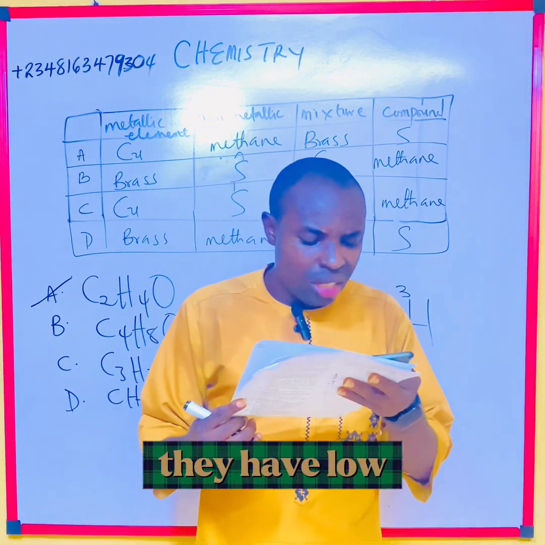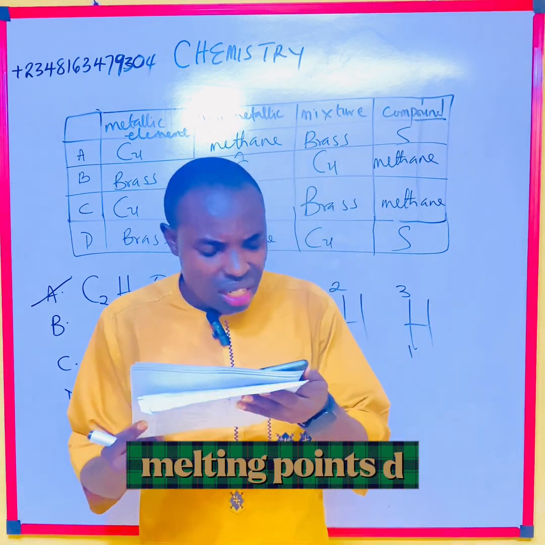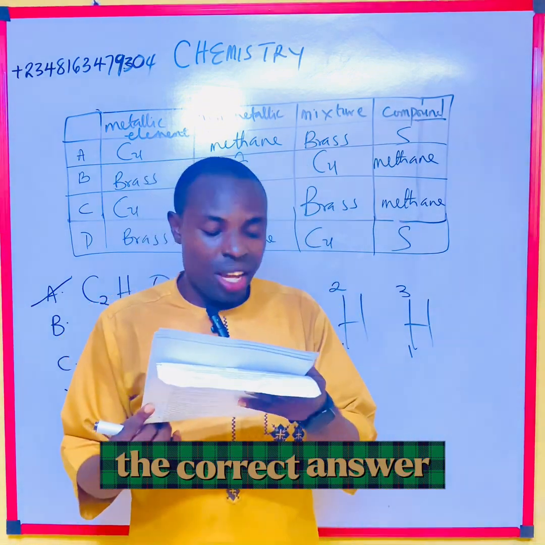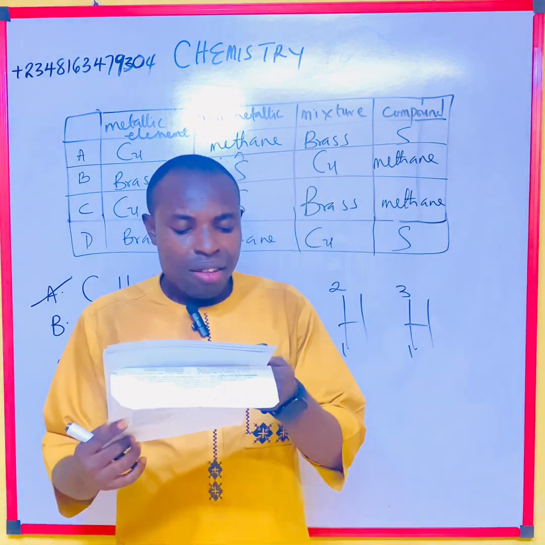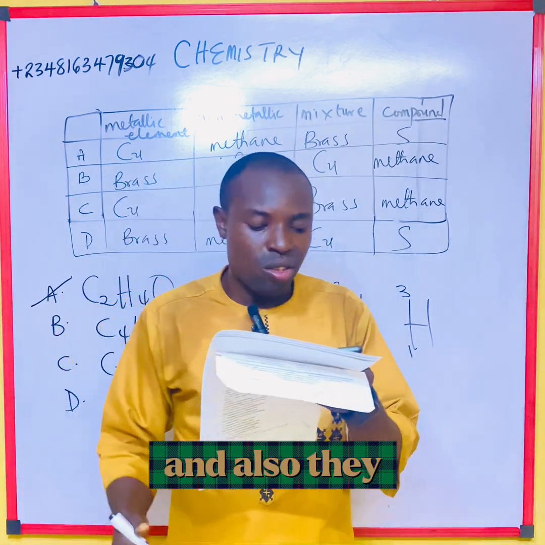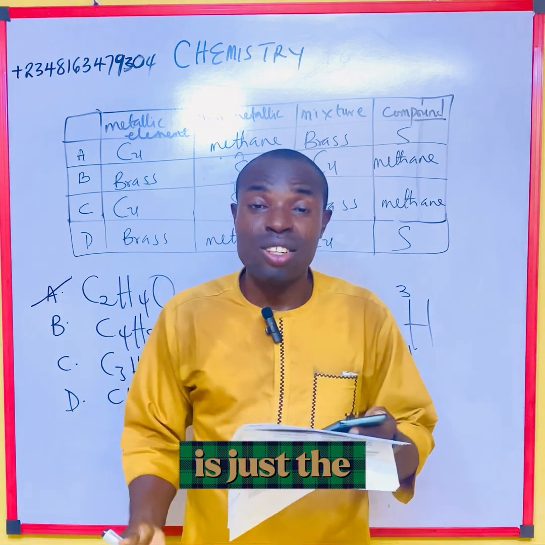C, they have low densities and high melting points. D, they have low densities and low melting points. The correct answer here is A. Transition elements have high densities and also high melting points. That is just the answer.